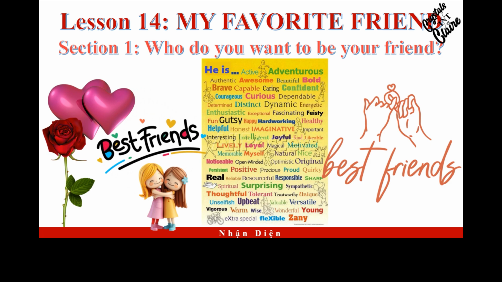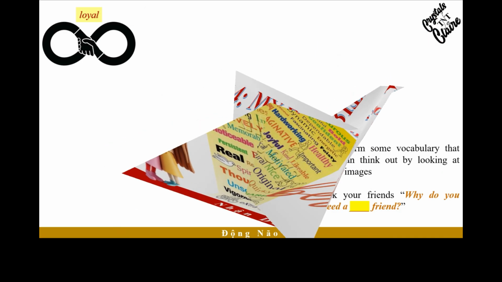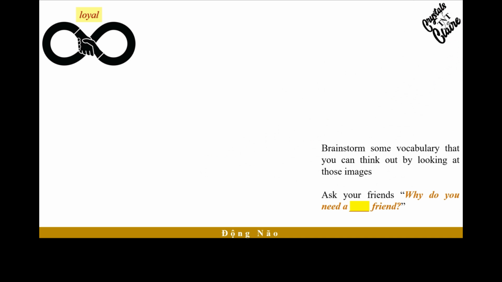The best friend, or the friend that you love the most. Okay, so brainstorm some adjectives, actually vocabulary, over here that you can think of by looking at those images. Firstly, look at this picture, and I have one hint here. This one looks like a friendship that lasts forever.